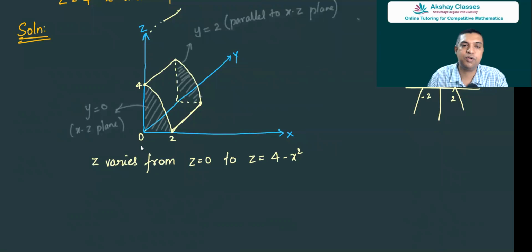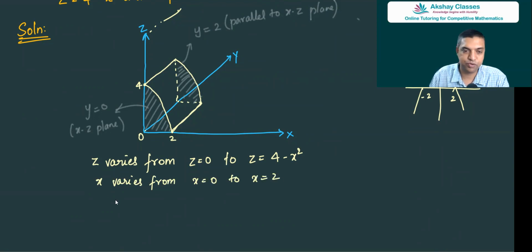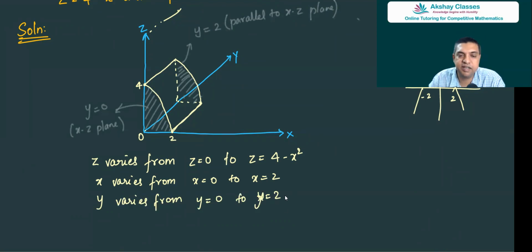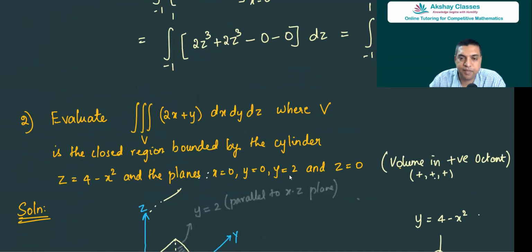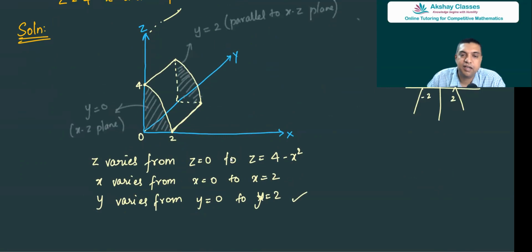This is 4 on the z-axis. This is 2 on the x-axis. X varies from x equal to 0 to x equal to 2. Y varies from y equal to 0 to y equal to 2. So this is given straight away. This we have deduced. It is not directly given. And this is given anyway.